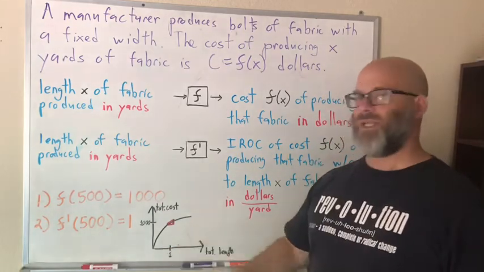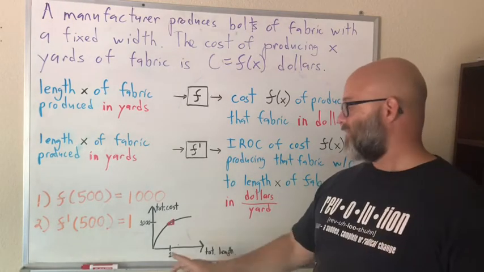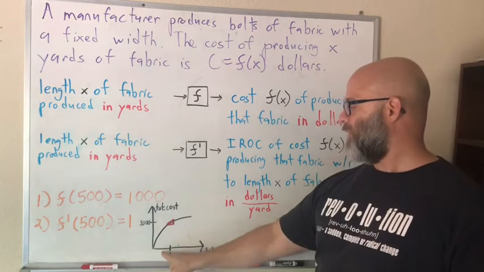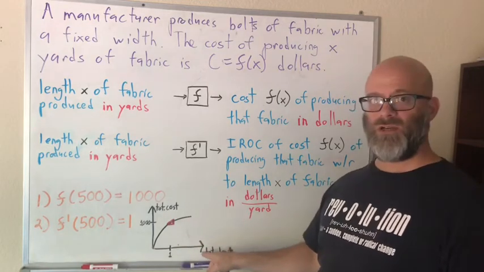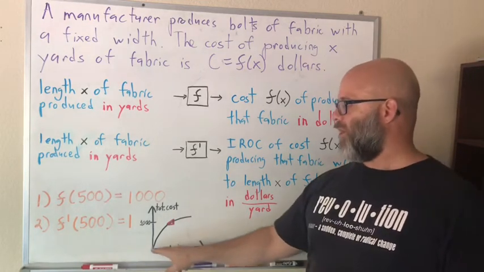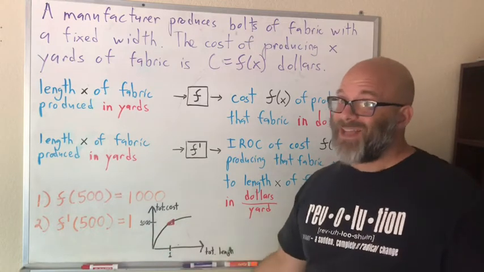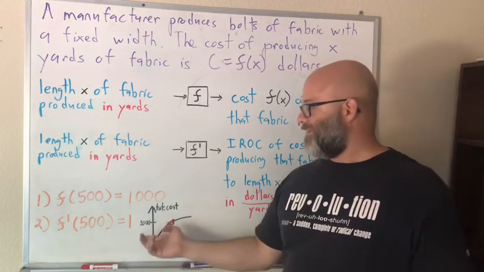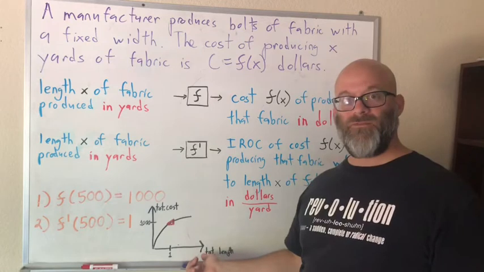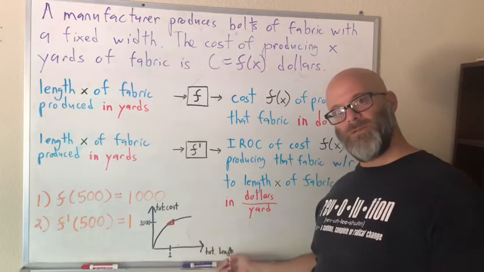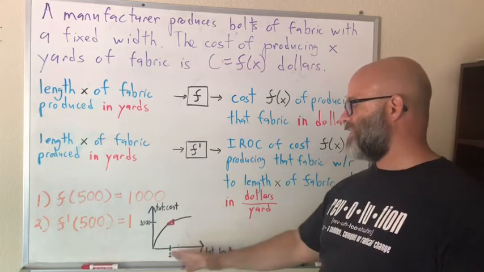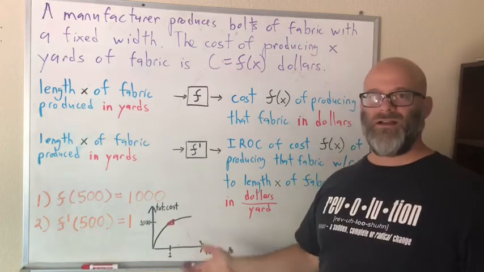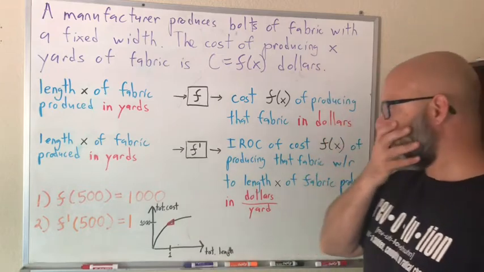Or would you expect there to be kind of economies of scale, so that as you increase production, measured here in length of fabric, up to a certain volume, your costs are going to rise, but not quite as fast as your fabric is being produced. So what might you get? You might get some curve that looks like this, at least up to a certain volume. Something like a root function type thing.